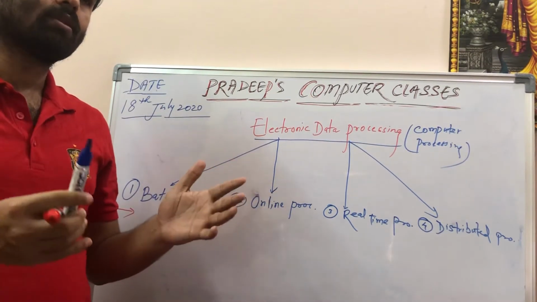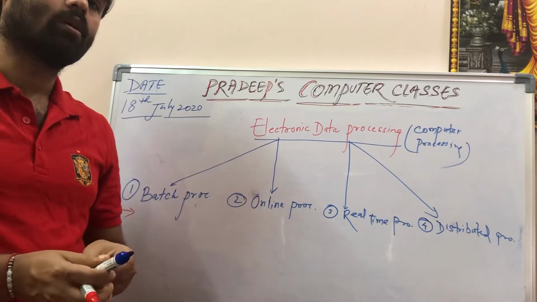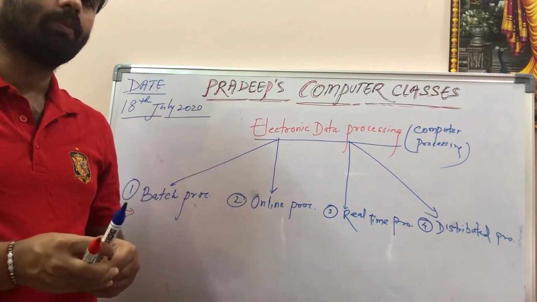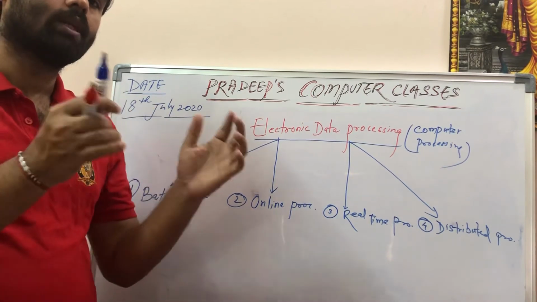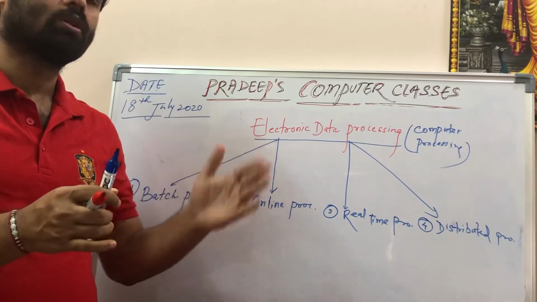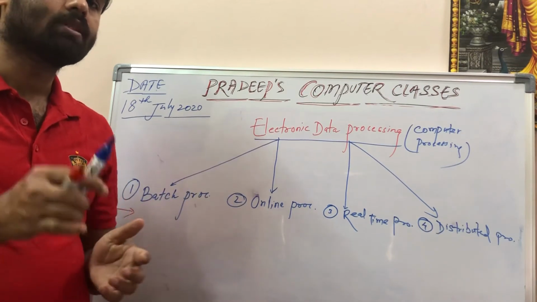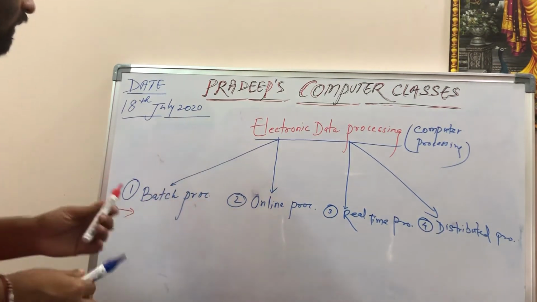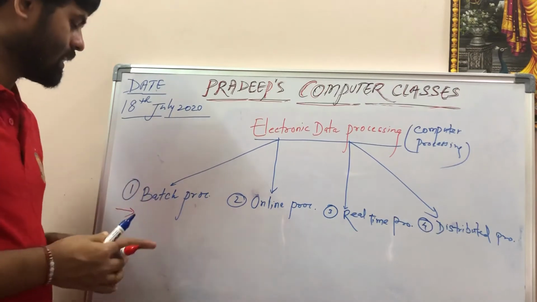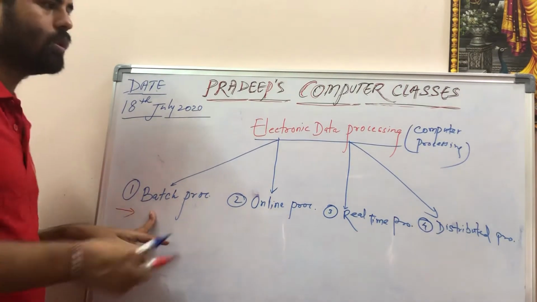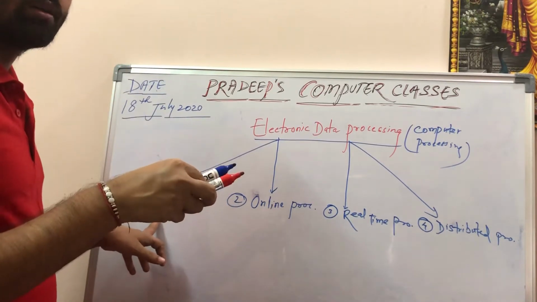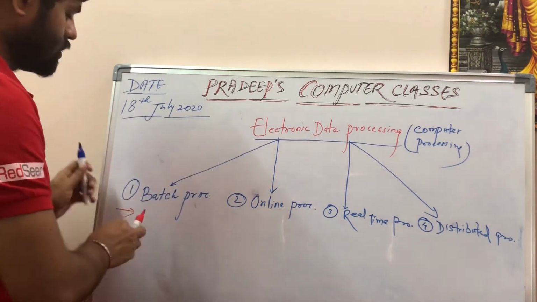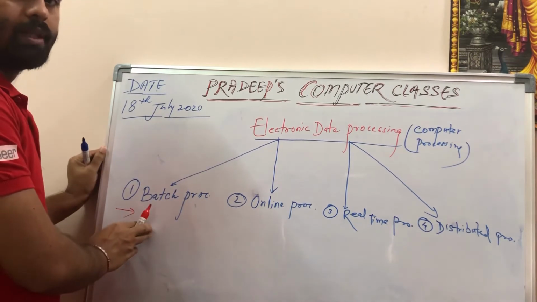What is the strength of your batch, what are the roll numbers? So that means it is a sequence. In batch processing, because I am talking about computers, the computer always processes data, so the data will be processed sequentially.